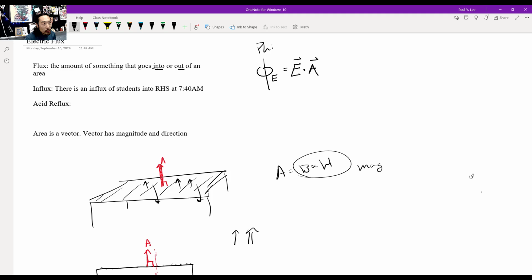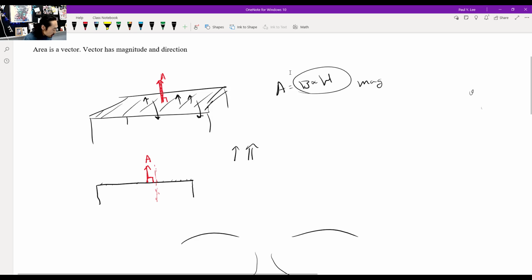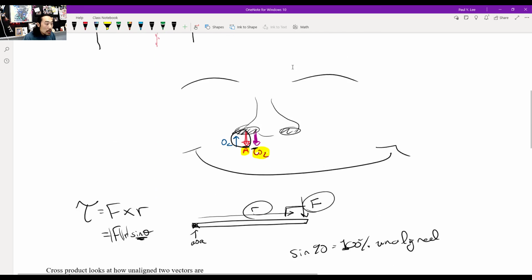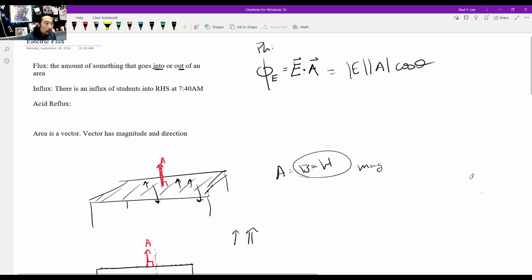So it's a dot product there. Another way that you might be able to see this is the absolute value of EA cosine of the angle. That's the definition of electric flux.